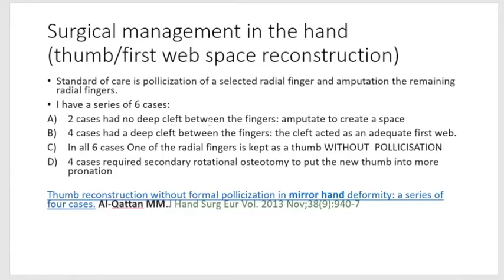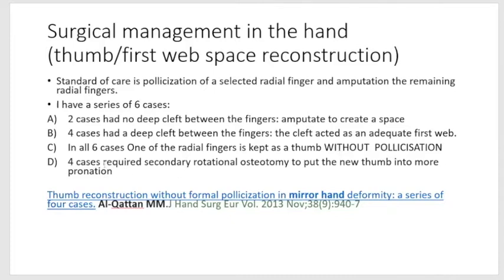In the 2 cases that had no deep cleft in the fingers, I select a finger that is not next, so that I recreate the first web space. And in the other 4 cases, the cleft will act as the adequate first web space that I want. In all 6 cases, one of the radial fingers is kept as a thumb without pollicization.